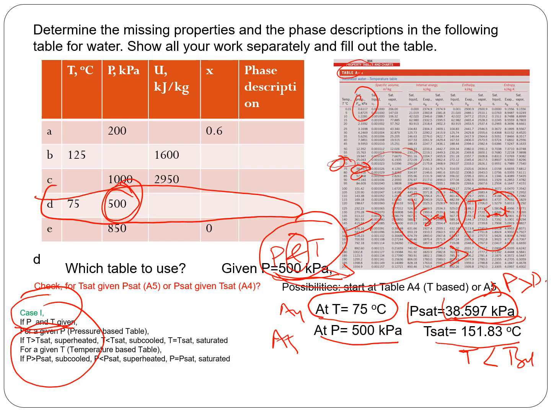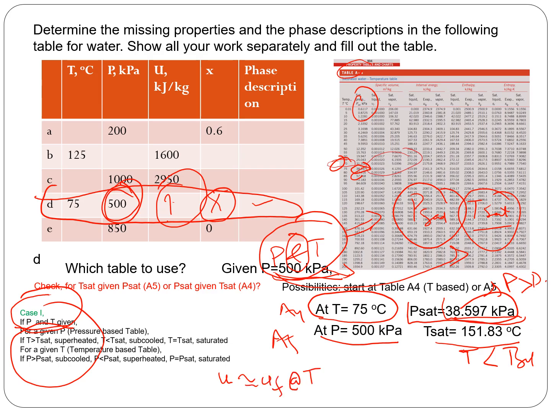In the subcooled region, we are interested in finding U. We don't have to worry about X because it is only in the saturated mixture region that we are interested in it. Phase description is subcooled or compressed liquid, so we are interested in finding U. In the subcooled region, the easiest way to find the property is U equals UF at that particular temperature.